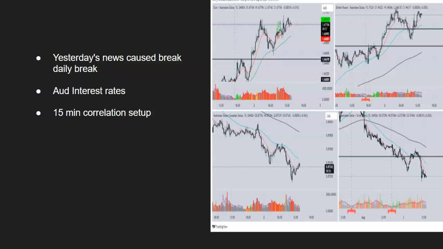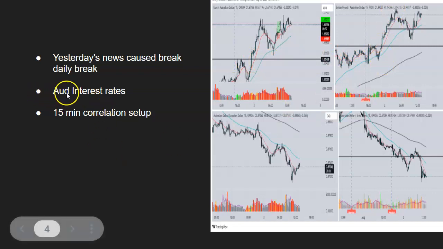So yesterday's news caused a break, and this happened on the daily time frame. As you can see, we're looking at the 15-minute, but this price here was the daily range and it broke out.